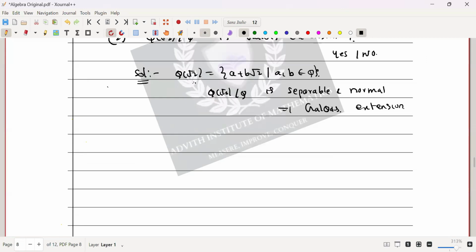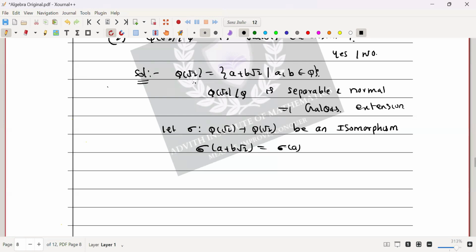So now define an automorphism sigma from Q root 2 to Q root 2. Let it be an isomorphism. So consider the images of a plus b root 2, the elements in it. Which is equal to, what do we need, sir?